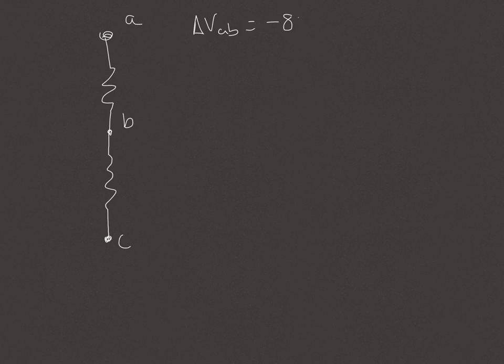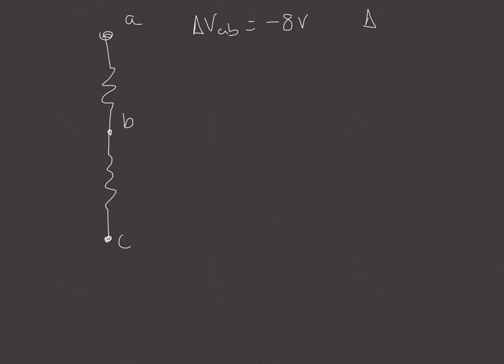So we're not going to do a full circuit. We're just going to take a section of a circuit, and say that the change in potential from A to B is going to be negative 8 volts.